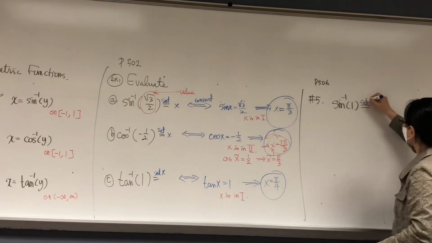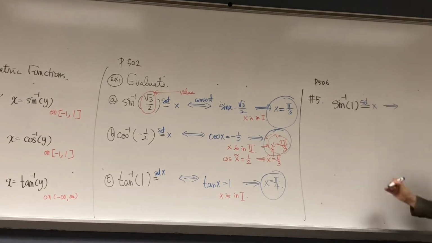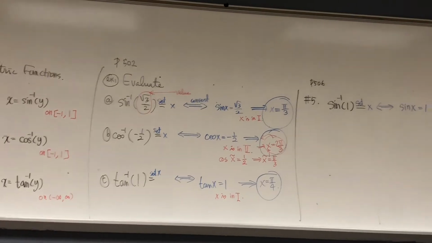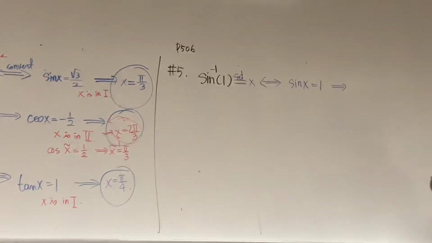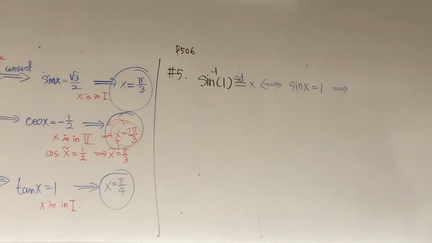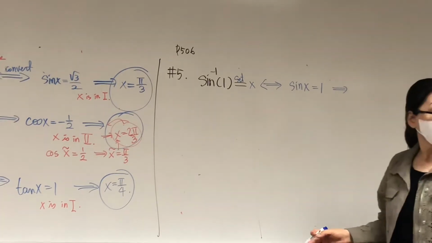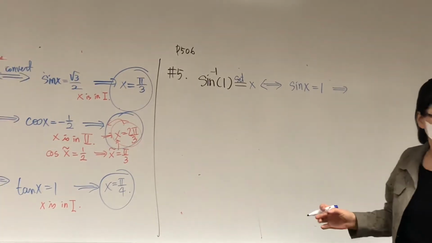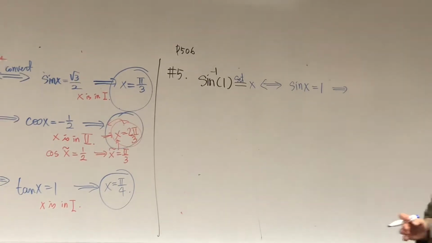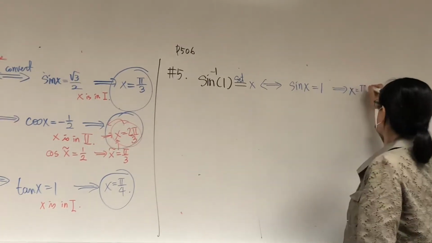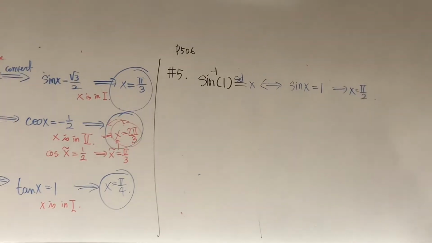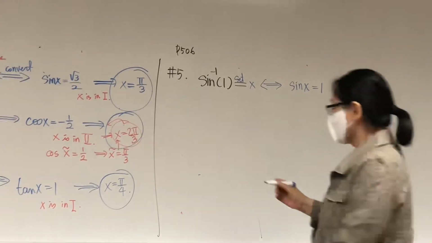And then sine of x is equal to 1, convert. So positive, right? From the fourth quadrant or first quadrant, it should be the first quadrant. When do you meet the 1? Sine is 1. Pi over 4? That's pi over 2. Good, the big triangle.